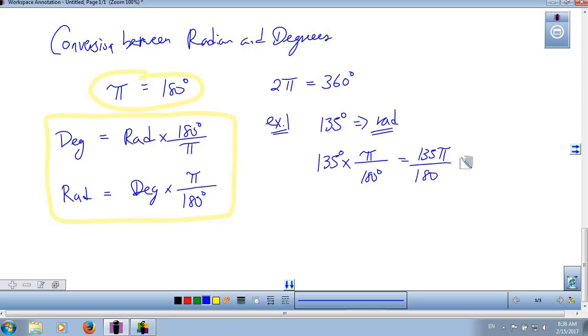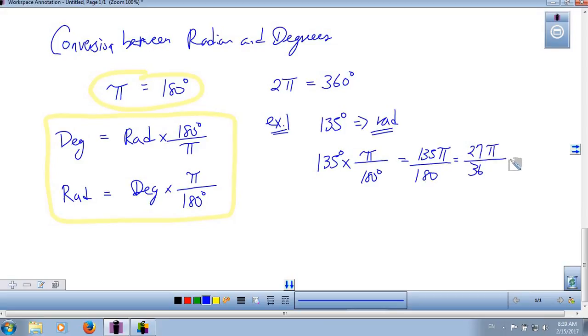The degrees cancel out. Now, 135 and 180 can be reduced. They have a common factor of 5, so you can start with 5. 135 divided by 5 is 27, I'm sorry, and 180 divided by 5 is 36.